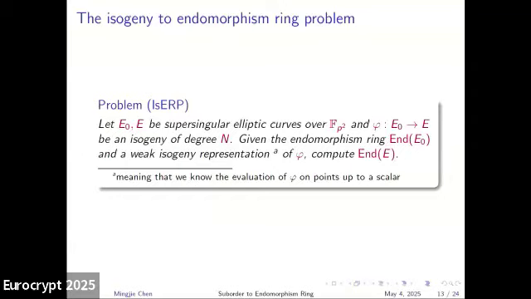Here we have an isogeny from E0, which is the curve that I defined earlier, to E, which is the curve we're interested in. There is an isogeny of degree n. Suppose we have the endomorphism ring of the domain curve and a weak isogeny representation of this isogeny, and we want to compute the endomorphism ring of E. By weak isogeny representation, it means we know the evaluation of phi on points up to a scalar.